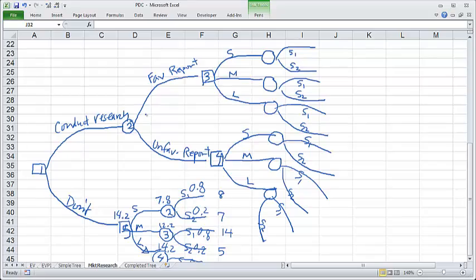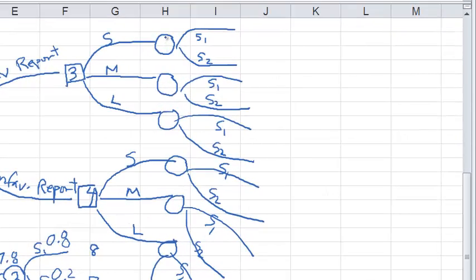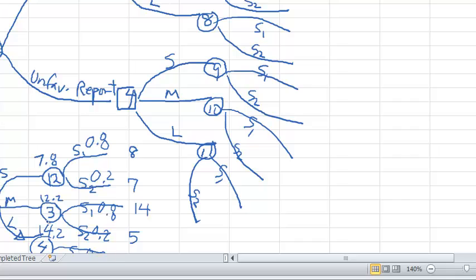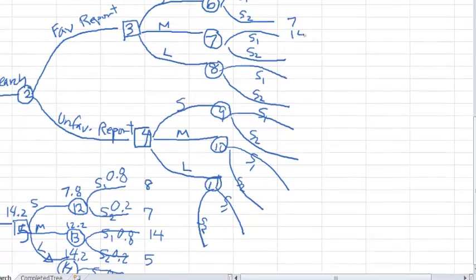So 1, 2, 3, 4, 5, and let's call this one 6, 7, 8, 9, 10, 11, and this one will be 12, 13, and 14. Now for the payoffs, we could use the same payoffs that we already have, 8, 7, 14, 5, 20, negative 9. So let's copy those down.